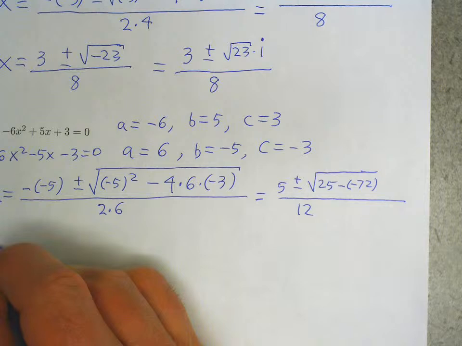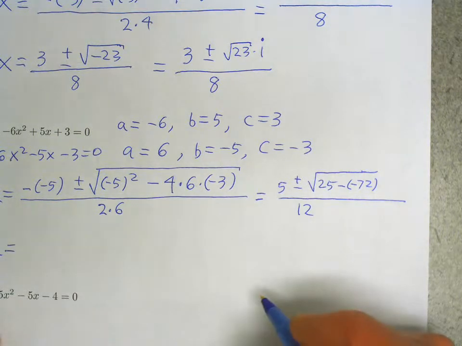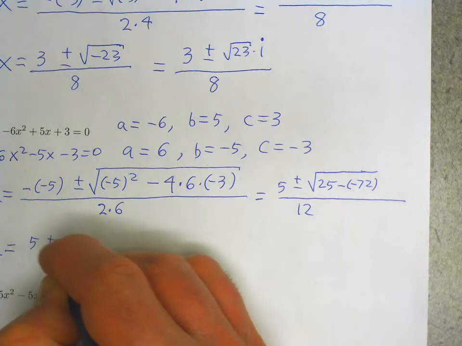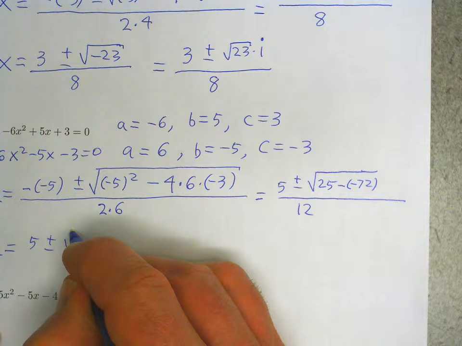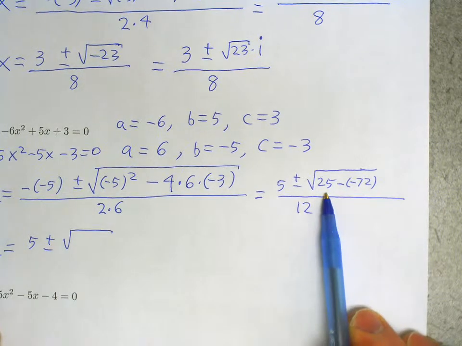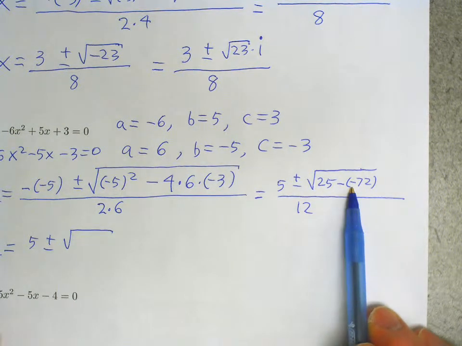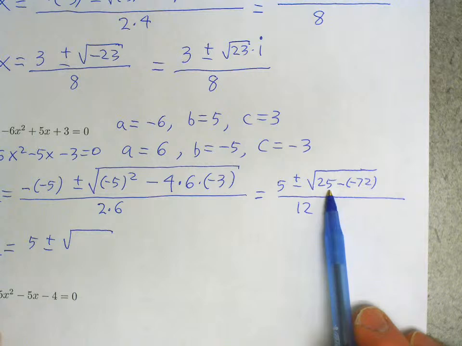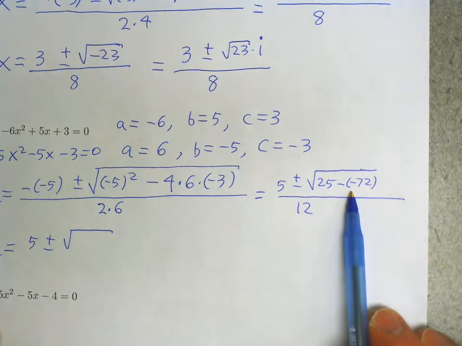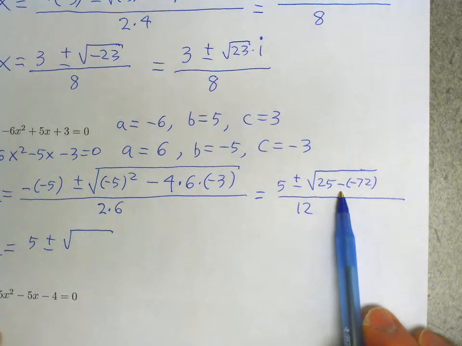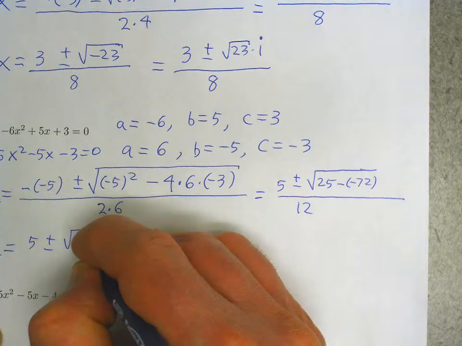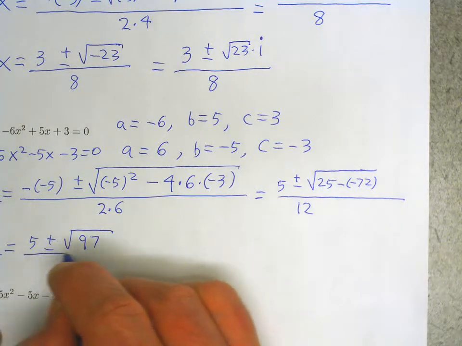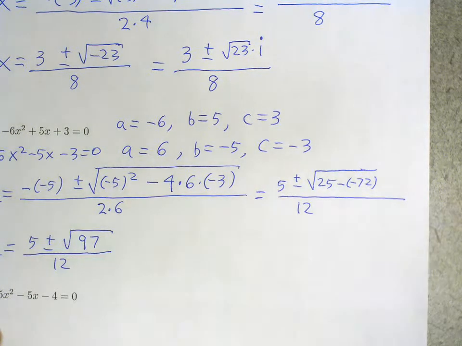Okay, in the next step, we write x equals 5 plus and minus the square root. Well, 25 minus negative 72 is the same as 25 plus 72. And let's just go ahead and write it as positive 97. And this is all divided by 12.